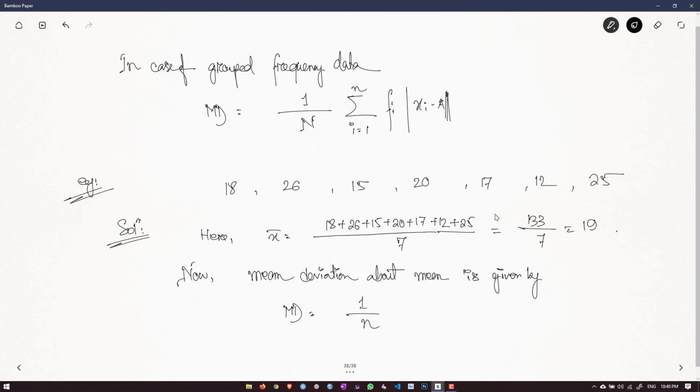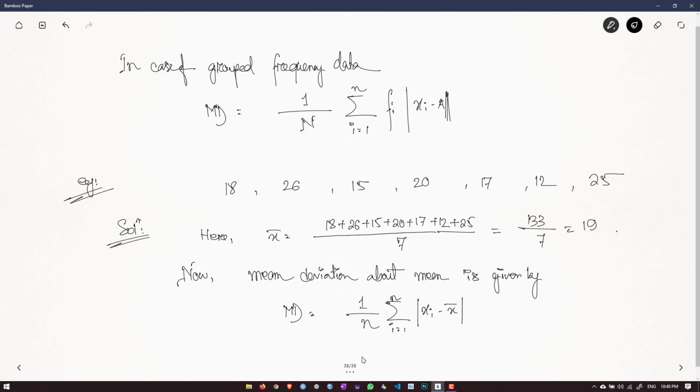This is a case of discrete data, no frequencies, so we use this formula, and we replace a by arithmetic mean.